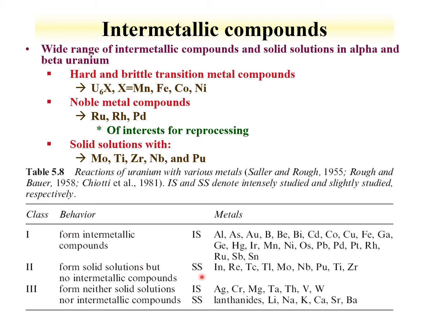Solid solutions tend to be formed with these metals. And phases that separate tend to be formed with these metals. So for instance, in metallic fuel, the lanthanides, shown here, as they're being produced, will phase separate and form different phases in uranium metal.